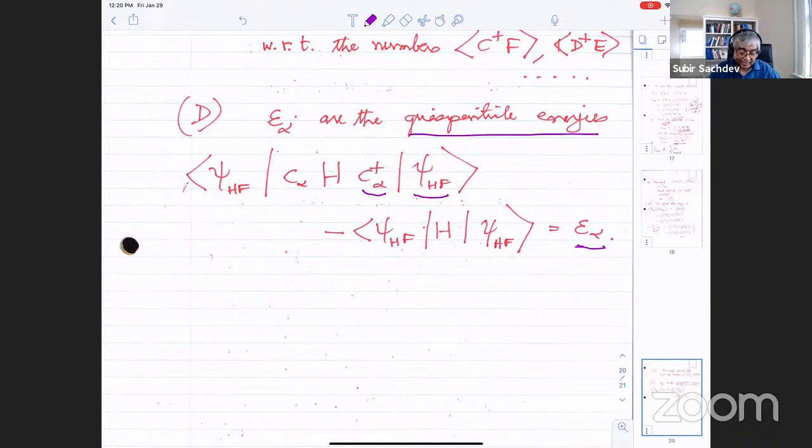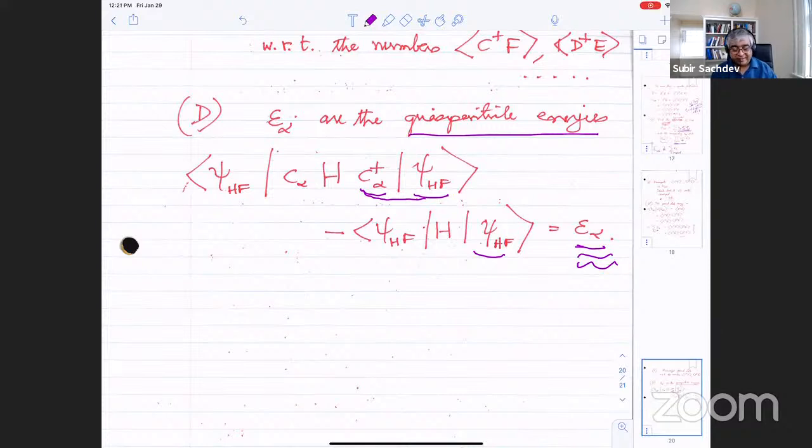And you look at the expectation value of this new wave function with n+1 particles with respect to the wave function with n particles. And then you can show, by manipulating in exactly the same way, that this is exactly E alpha. So the eigenvalues of the Hartree-Fock Hamiltonian are the quasi-particle energies, which is the energy in the grand canonical ensemble to add a particle.